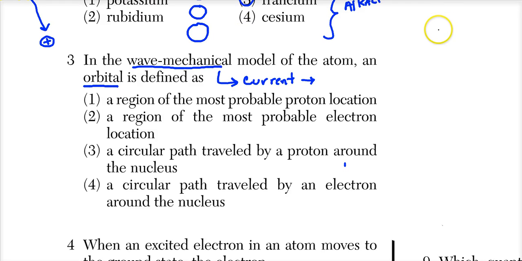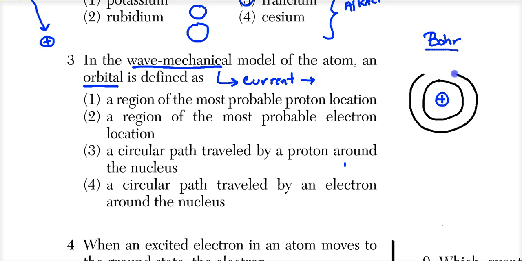But let's start with the Bohr model, which you should be very aware of. The Bohr model is a model essentially where we have protons and we have electron orbitals in distinct energy shells. But these electrons go in circular paths.